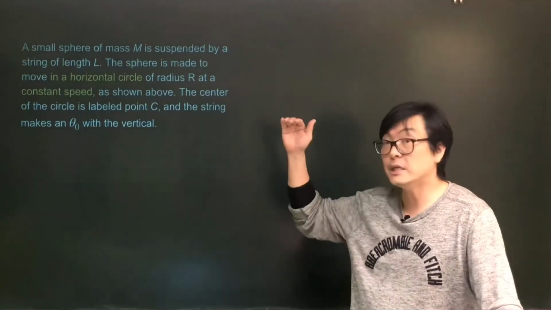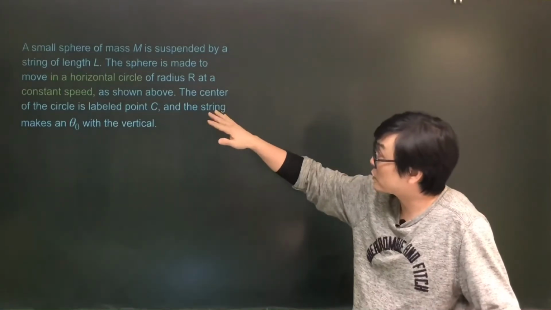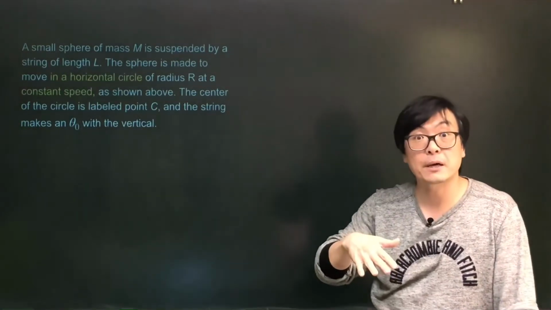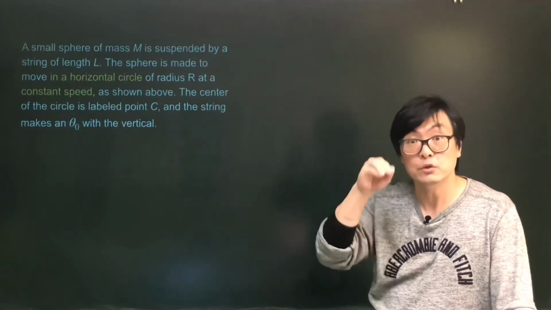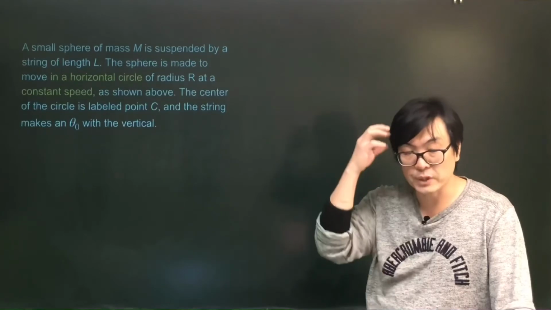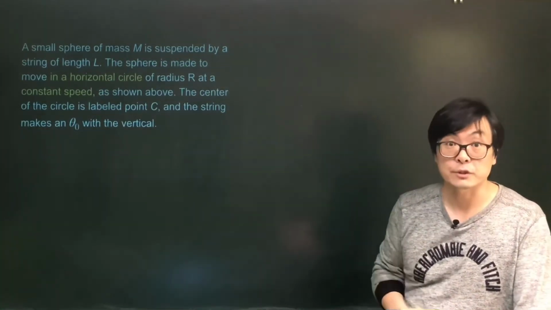When you find this, oh, it's a horizontal circle and a constant speed, this question is about uniform circular motion. So you can bring all the information about circular motion to prepare for these questions.